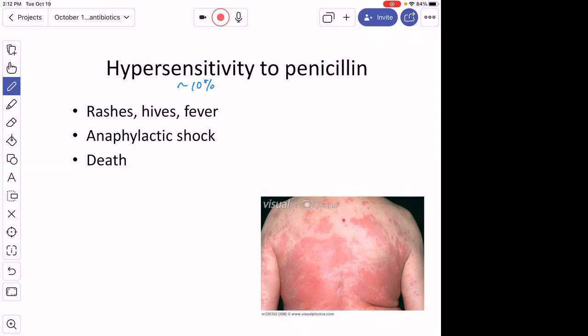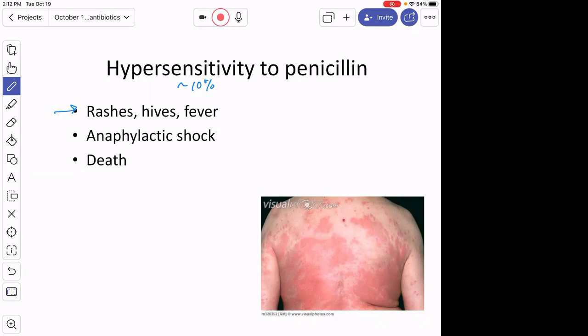So again, this is an inappropriate immune response to penicillin that we metabolize. It's the metabolized product that some people have a specific IgE antibody reaction to, that can cause things that are just uncomfortable, like a rash or hives, and it might not be anything too serious.